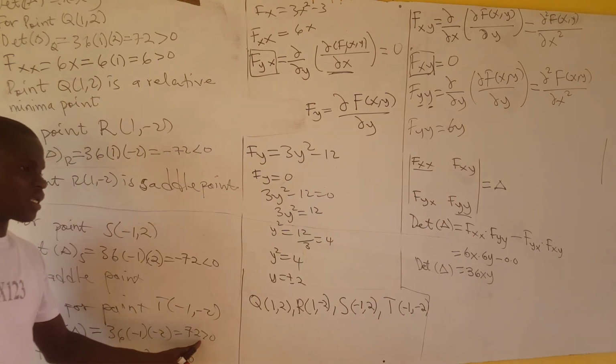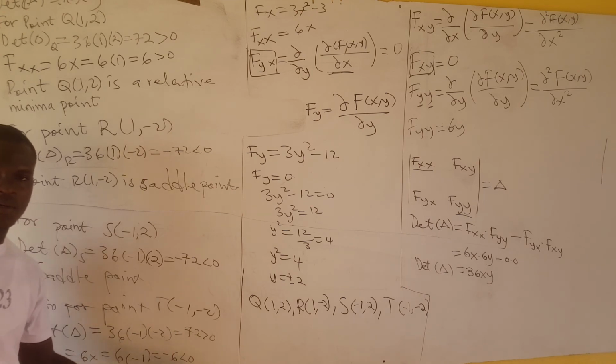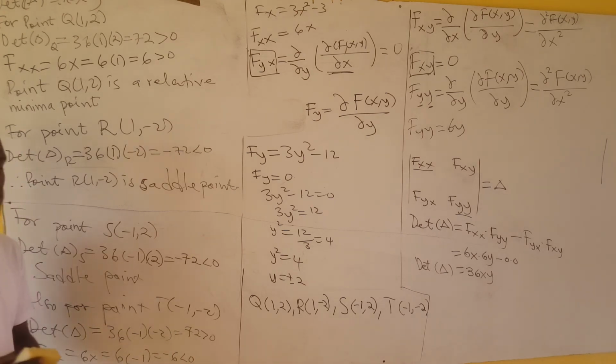So when the determinant is greater than 0 and fxx is less than 0, we say that this point is a relative minimum point. Sorry, a relative maximum, since this is greater and this is less. But if both are greater, then it's minimum. Okay?